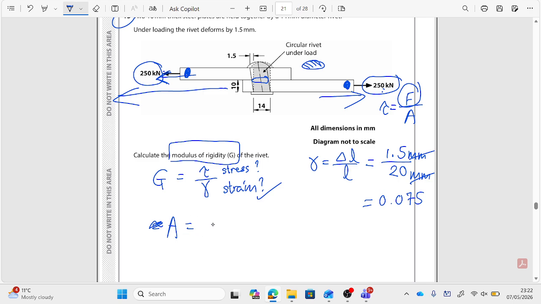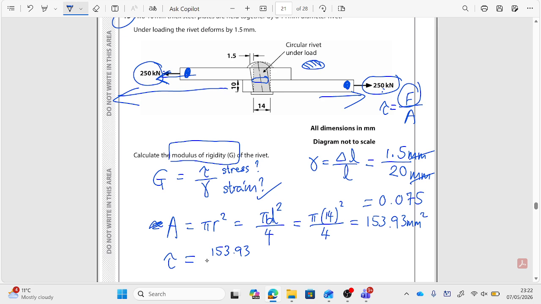A is equal to pi r squared, but in engineering, we like to use diameter, so it's pi d squared over 4. Since the diameter is given to us and is 14, it's pi multiplied by 14 squared over 4, and the area is equal to 153.93 millimeters squared.